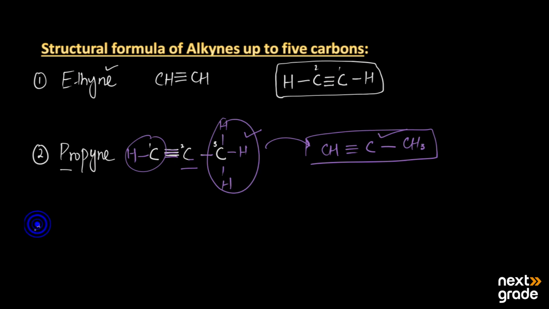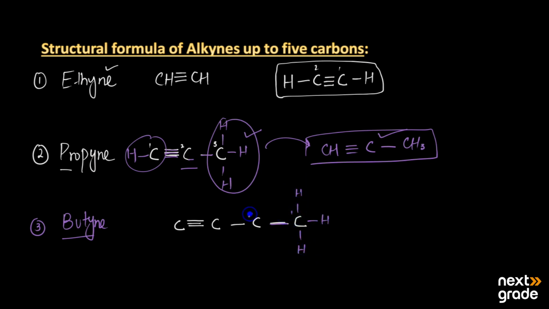Next, the third one is butyne. In butyne we have four carbon atoms, so we draw four carbon atoms, carbon number 1, 2, 3 and 4. Now carbon atoms 2 and 3 will have a triple bond. Now we complete their hydrogens. This carbon has only a single bond, so it will have three more hydrogens to complete its octet.